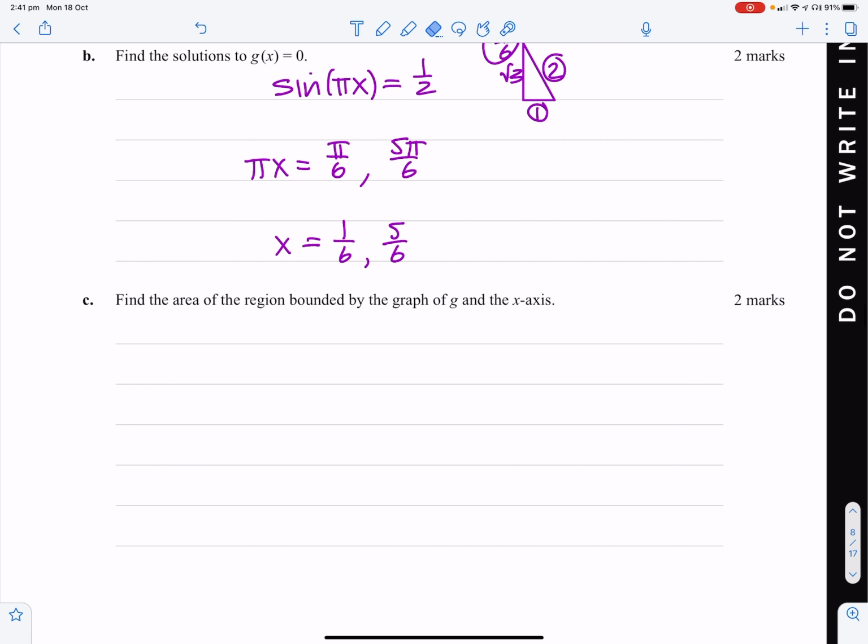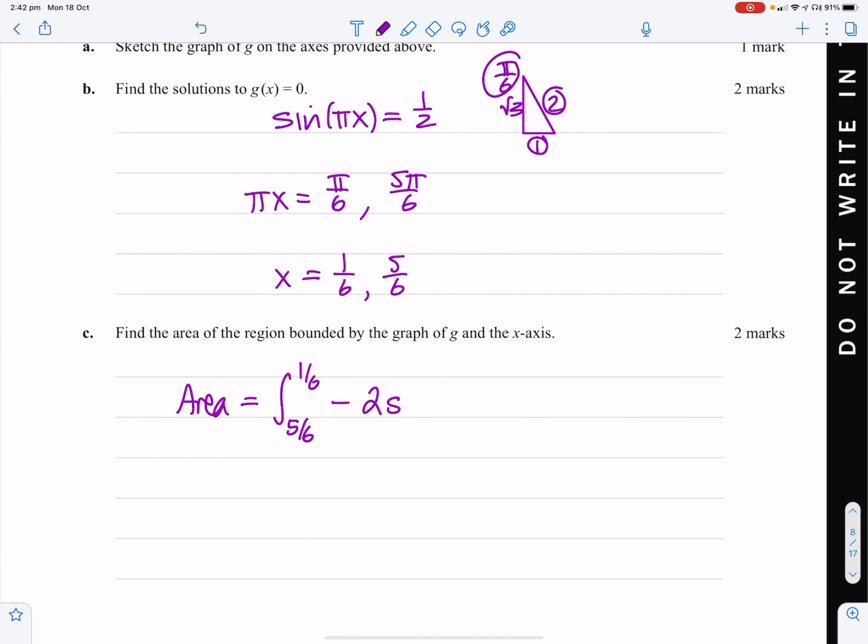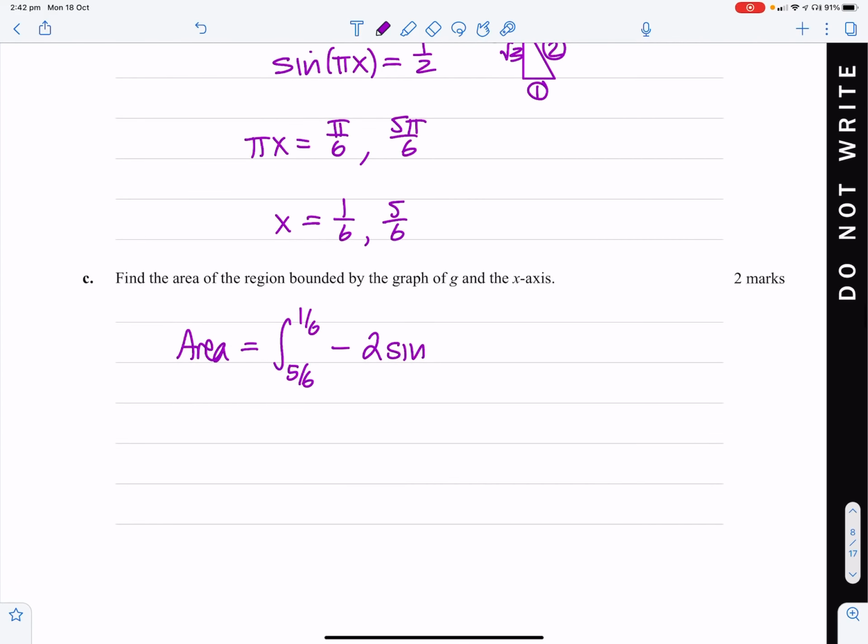So we can say our area, instead of going from 1/6 to 5/6, we're going to go from 5/6 to 1/6 because we know that the area is negative and we want to make it positive. When we antidiff negative 2 sine pi x, we get 2 on pi cos pi x. When you antidiff sine, you get negative cos.